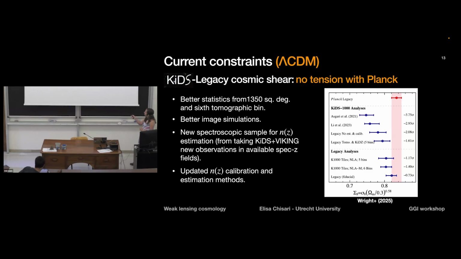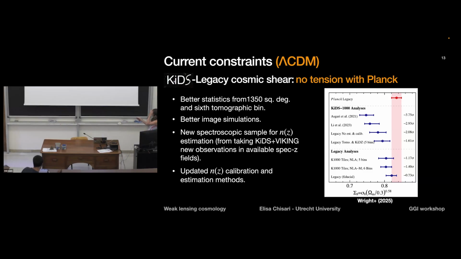Then going from here to here, we did better photo-z calibration. And then from here to here, this was just the technique of getting the photo-zs. And then from here to here, it was adding a much bigger calibration sample for the photometric redshifts. So you can see that only those things drove us from minus 3.75 sigma from Planck to minus 1.6.